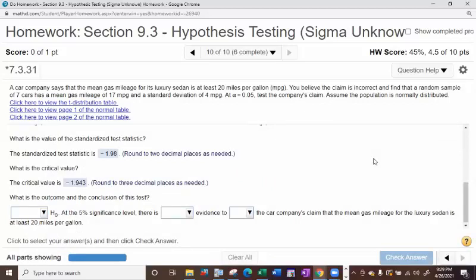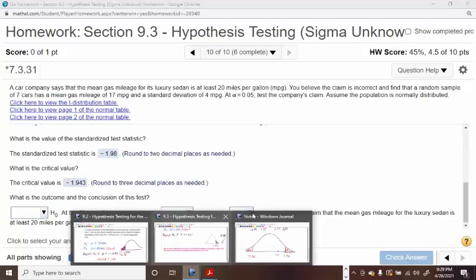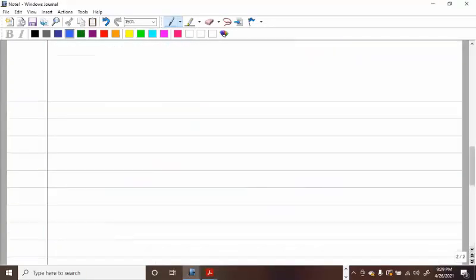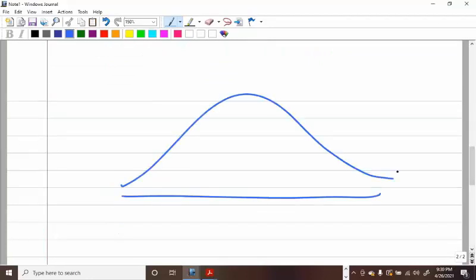But if you try to think through it this way, the critical value is negative 1.943.